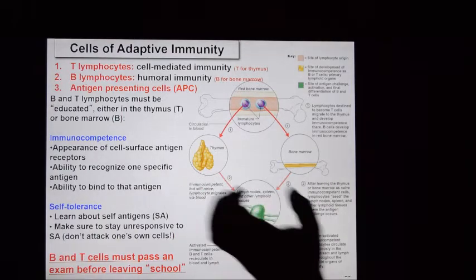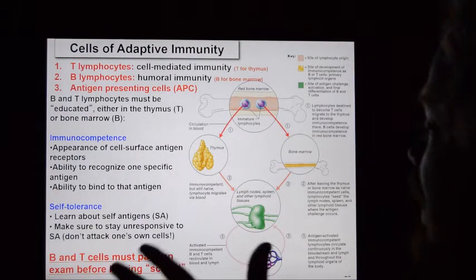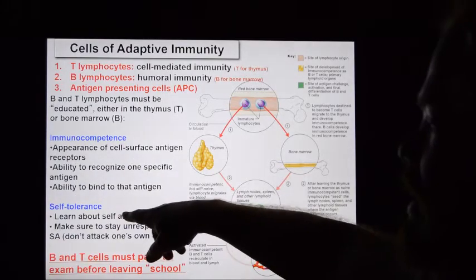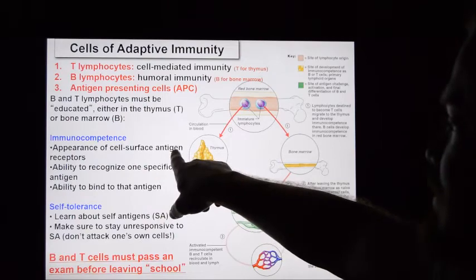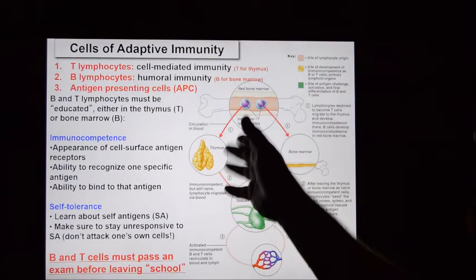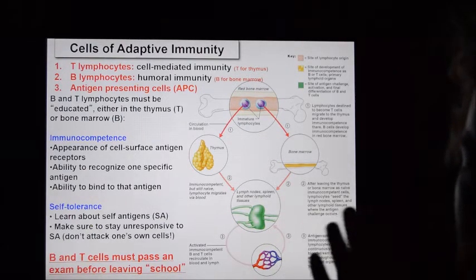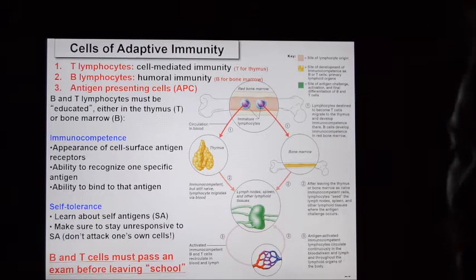Those are supposed to be held in the thymus until, this is very important, they develop what's called immunocompetence and self-tolerance. Immunocompetence means they have the ability to detect surface antigens. They can recognize one versus another, and they're self-tolerant. That means they can recognize your cells and not destroy them. They tolerate self. They destroy non-self.